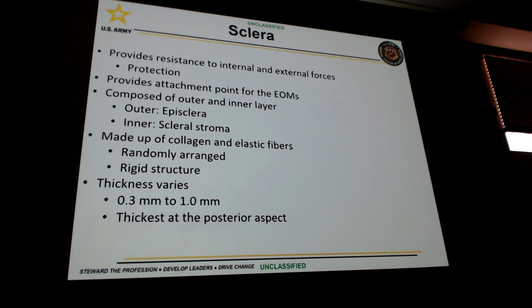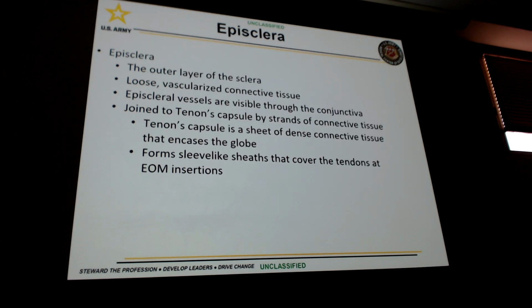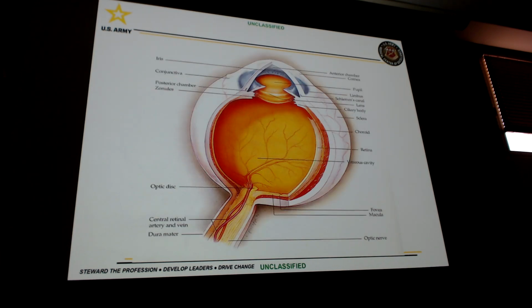And then above the episclera is the conjunctiva. So if you're looking at the patient's white part of their eye, it goes conj, episclera, sclera. Okay? And all 3 of those layers can get infected or inflamed. Conjunctivitis, episcleritis, scleritis.